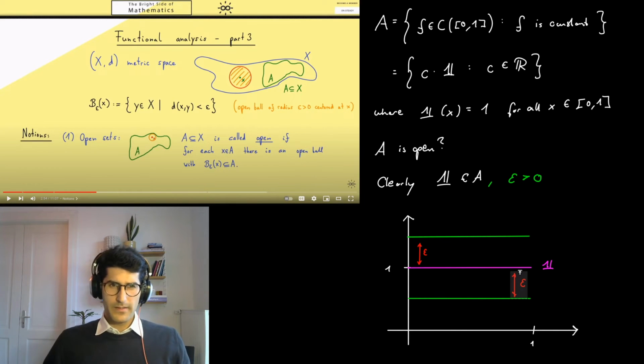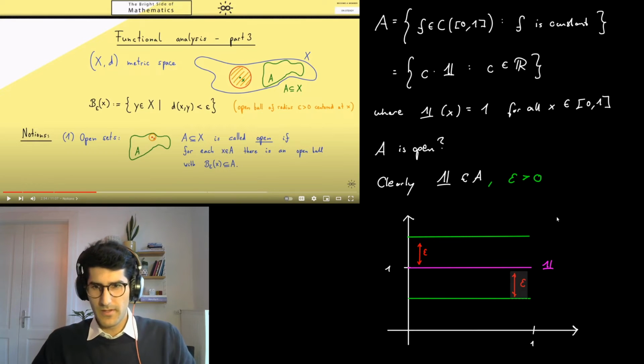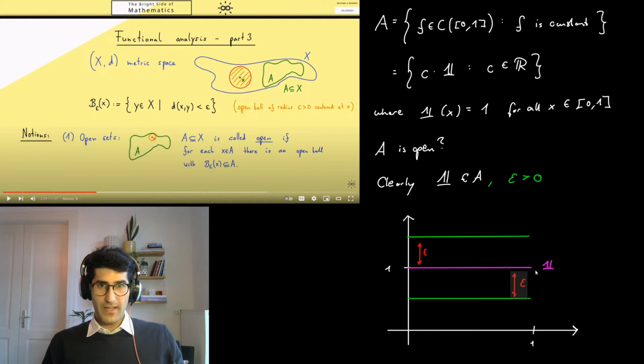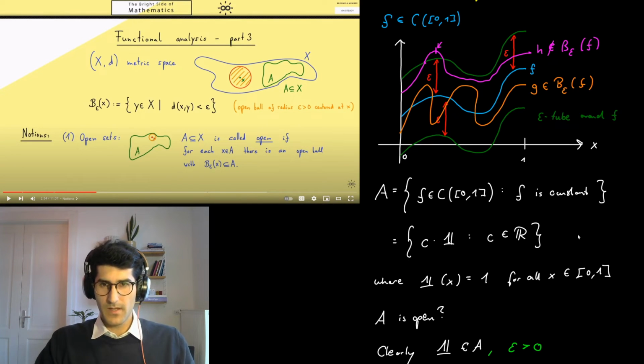Now recall the check that we had to find out whether an element is inside the epsilon ball around a function or not. We brought this back to talking about the graph of a function. So let me scroll up.